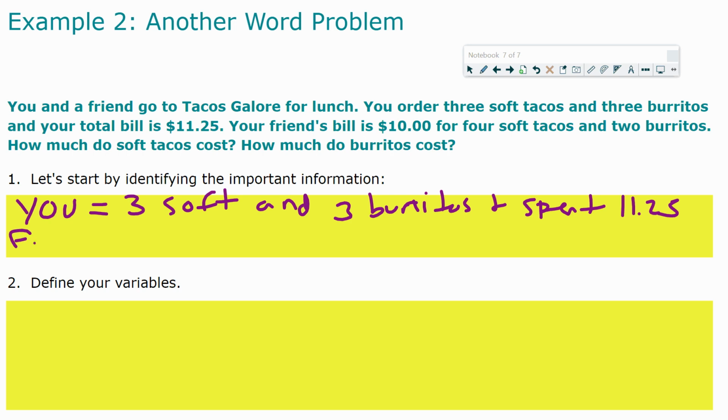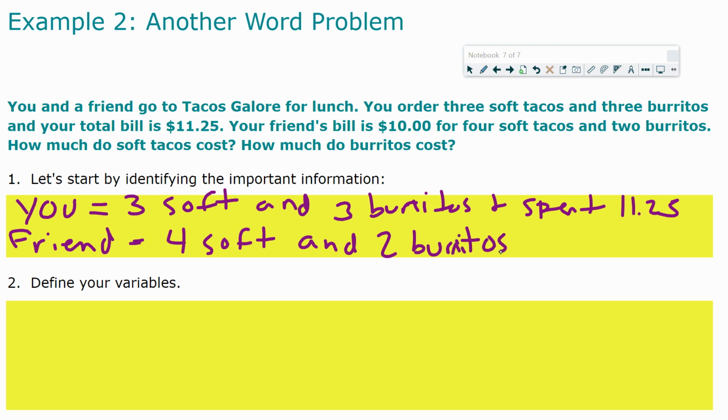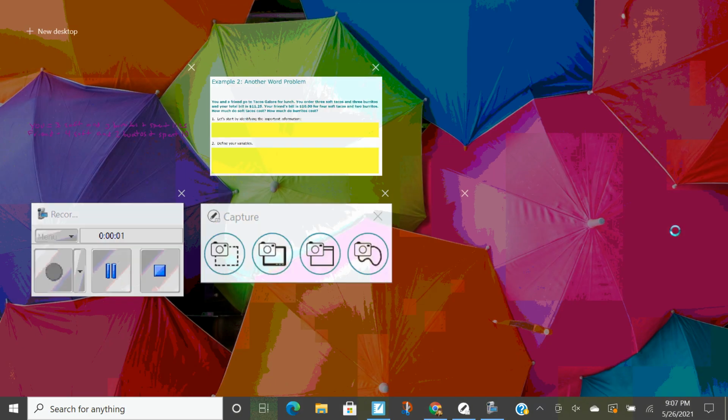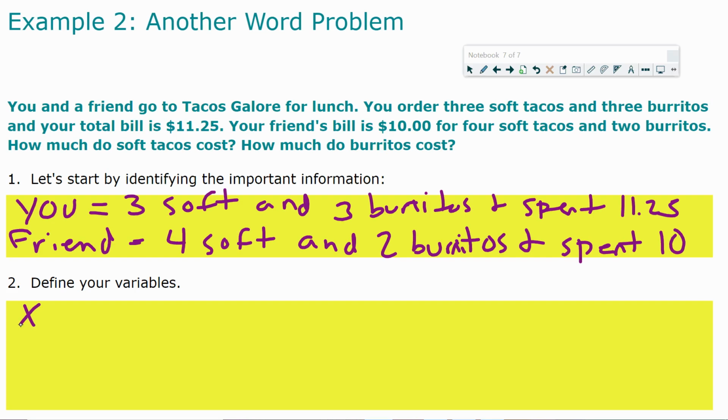Your friend ordered 4 soft and 2 burritos, and spent $10. All right, define your variable. So I'm just going to start with x and y. So x is going to equal my soft tacos, and y is going to equal my burritos.